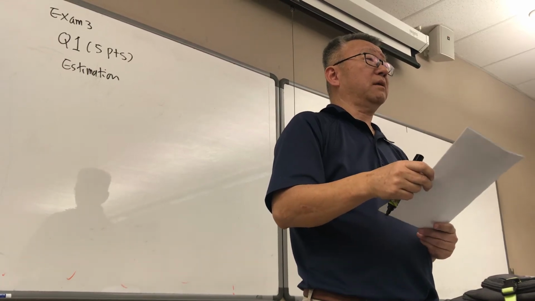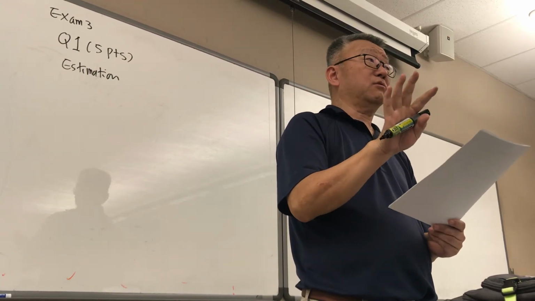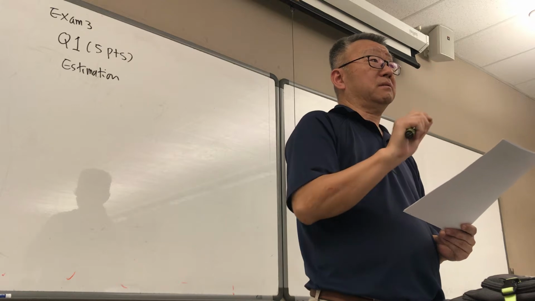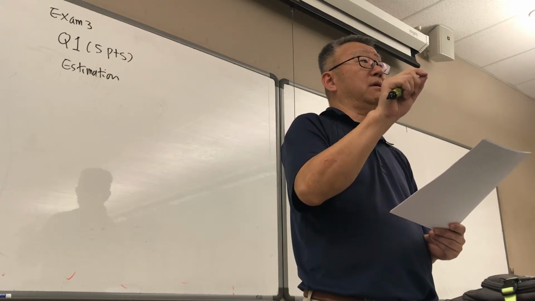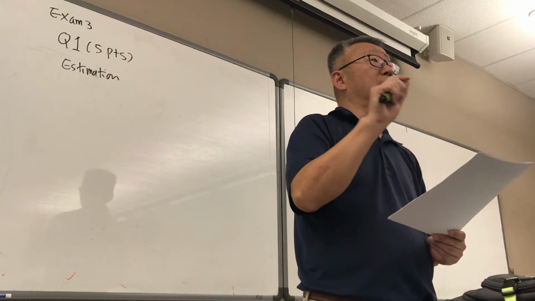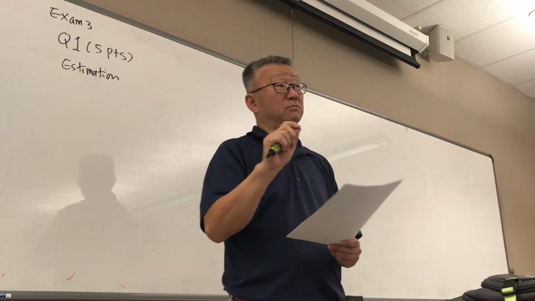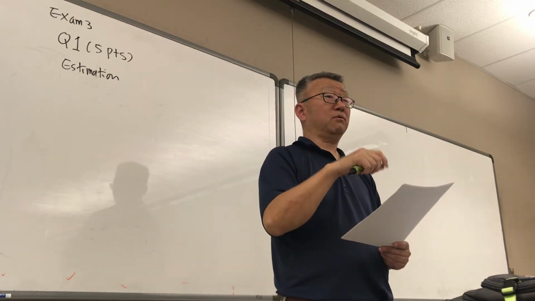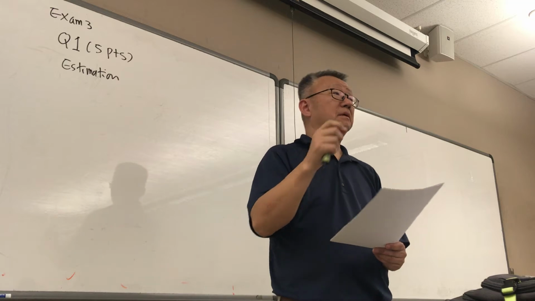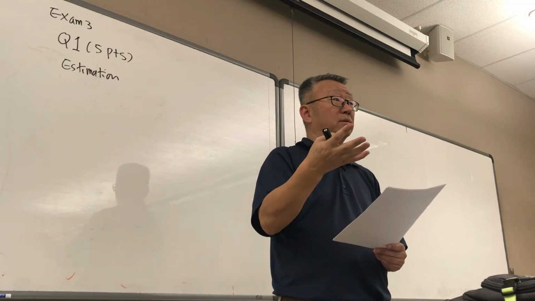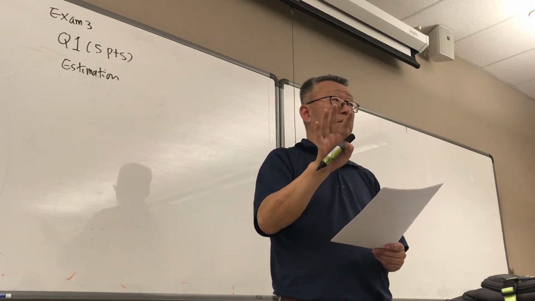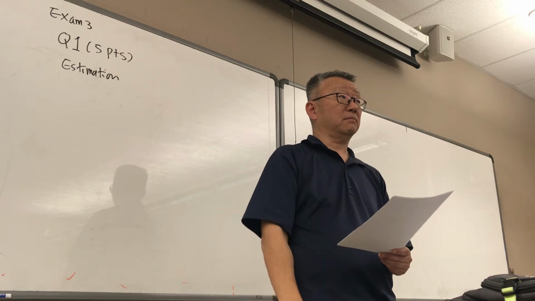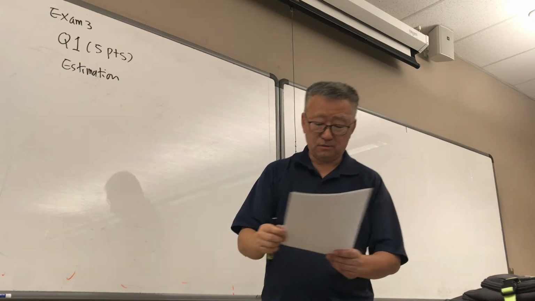So be sure that you read the questions and find out which case it is. Case 1, normal distribution table. Case 2, T distribution table. Case 3, you know what I mean by case 1, 2, 3, right? Case 3, normal distribution table. Case 4, chi-square distribution table. So don't forget that.